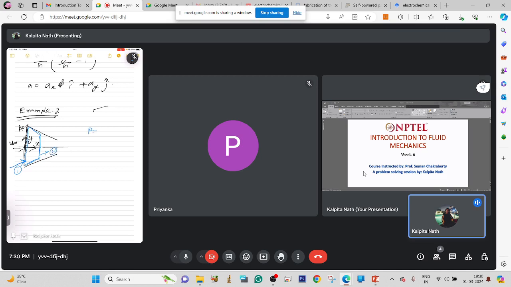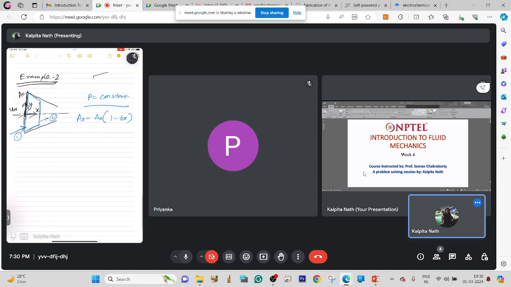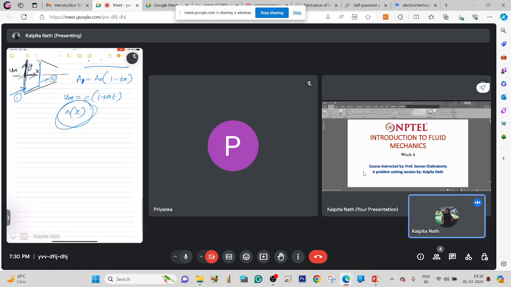We are taking pressure to be constant around here, and the area function is already given as A equal to a naught into 1 minus bx. The velocity that is entering, u infinity, also varies with time, and is given as c into 1 plus at. We need to find ax, the acceleration along the x direction.